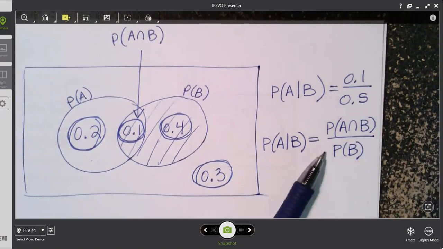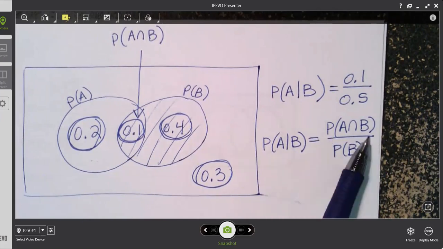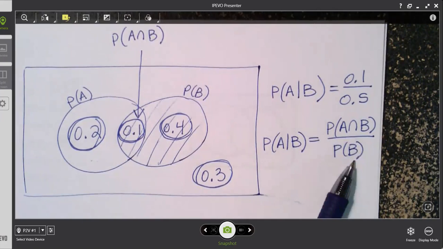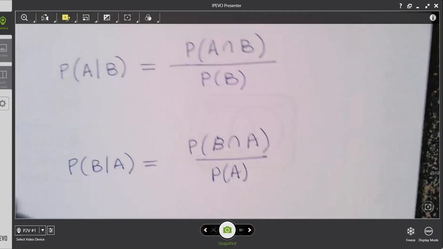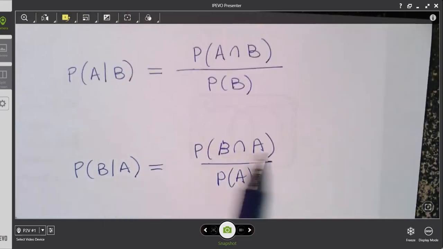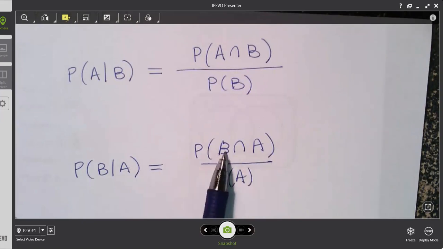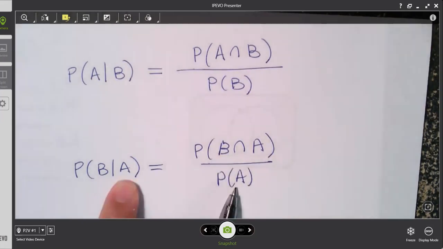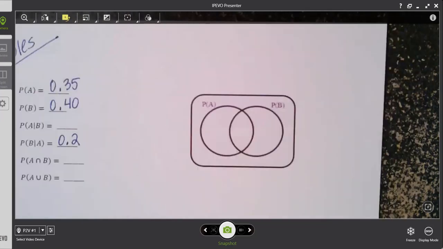The probability of A given B is equal to the probability of A and B divided by the probability of just B. And likewise, let's flip this over, probability of B given A is equal to that probability of both of them, A and B, B and A is the same thing, over the denominator, the probability of just being in A. Okay, so those are some equations I can use as I'm trying to figure out what goes where in these Venn diagrams. So I wanted to give you some examples.